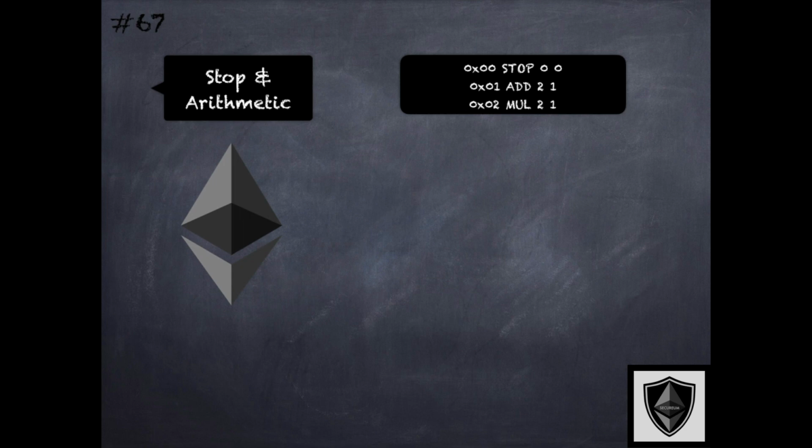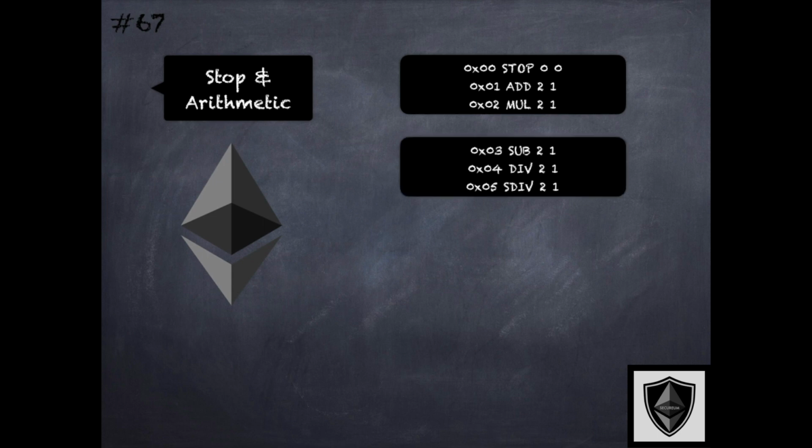Add has 2 items placed onto the stack, the 2 operands. The computed result, the addition, is placed back onto the stack. That's why you see that there is 1 item placed onto the stack, which is the result, the addition of the 2 inputs. The same thing holds good for multiplication.